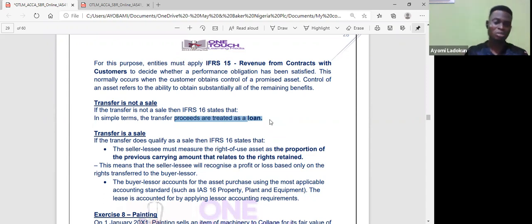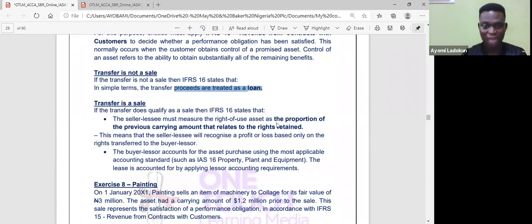But if the transfer is a sale, most likely I have sold it at fair value, for example. The seller and lessee must now measure the right of use asset as a proportion of the previous carrying amount that relates to the right retained. How do we do that?